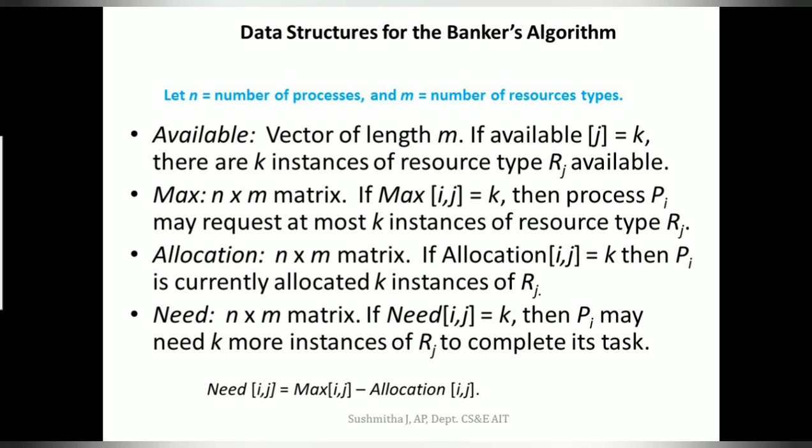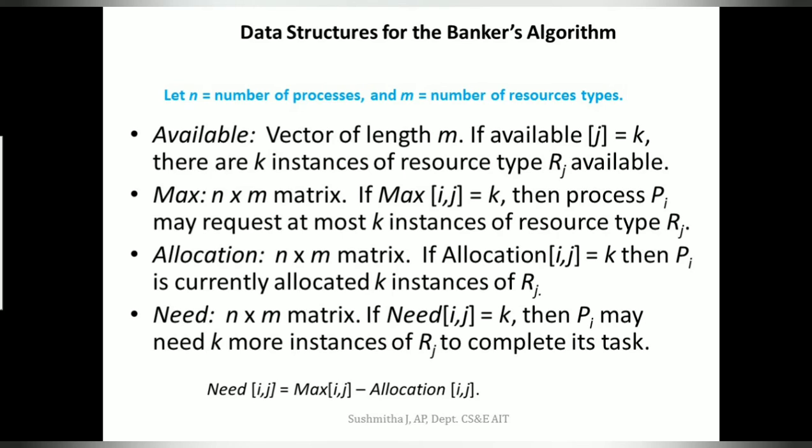Now the next one we have is the max. What does the max mean? Now we said that for the deadlock avoidance algorithm, the algorithm has to claim priorly the maximum number of resources that it needs with its instance. Why is it a matrix?